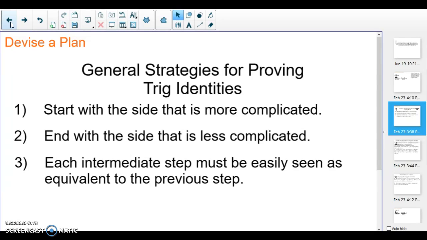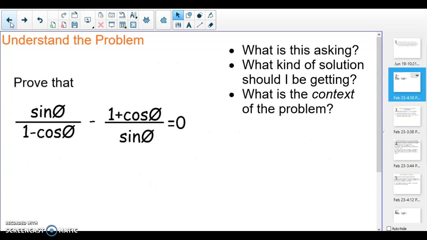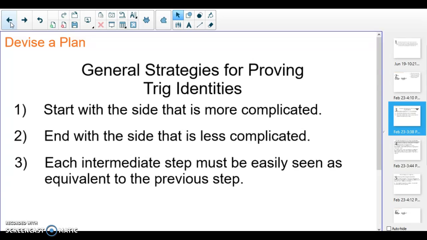So I'm going to look at general strategies for proving trig identities. The first thing I want to do is start with the side that is more complicated. If I look at this, there's obviously one side that is more complicated than the other. Then I'm going to end with the side that is less complicated. Well, that would follow from the first one.